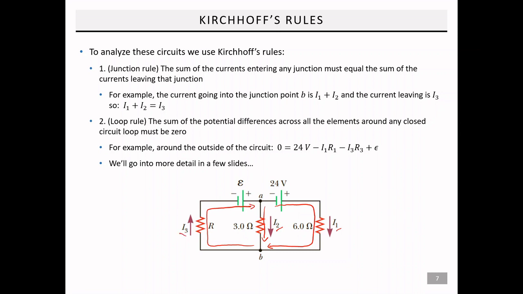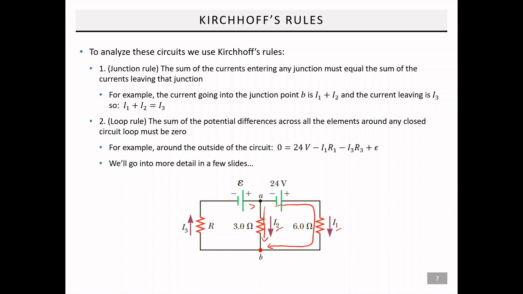So then the junction rule, we would apply it to a junction. In this example, we'll pick junction B. And the junction rule says that the current going into junction B is I1 plus I2. And this has to equal the current that's leaving the junction. So that's I3. So the junction rule applied to junction point B says that I1 plus I2 has to equal I3.